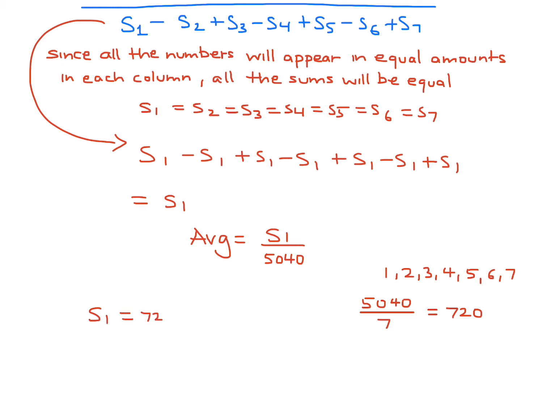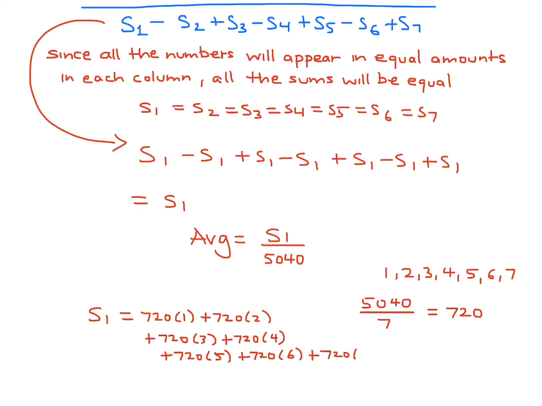So S1 would be 720 times 1 plus 720 times 2 plus 720 times 3 plus 720 times 4, and so on. 720 times 5, 720 times 6, plus 720 times 7. And when you do that math, you get 720 times 28.